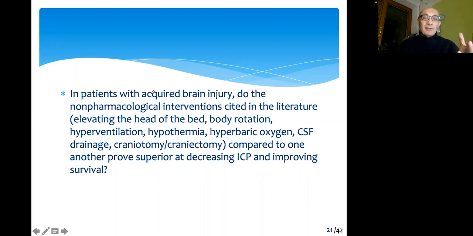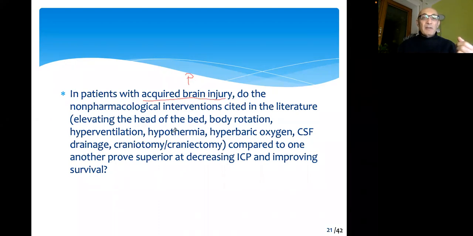Just look at the question once more and try to tell yourself what are the different components. What is our first P? Patients with acquired brain injury. Okay, this is our P.